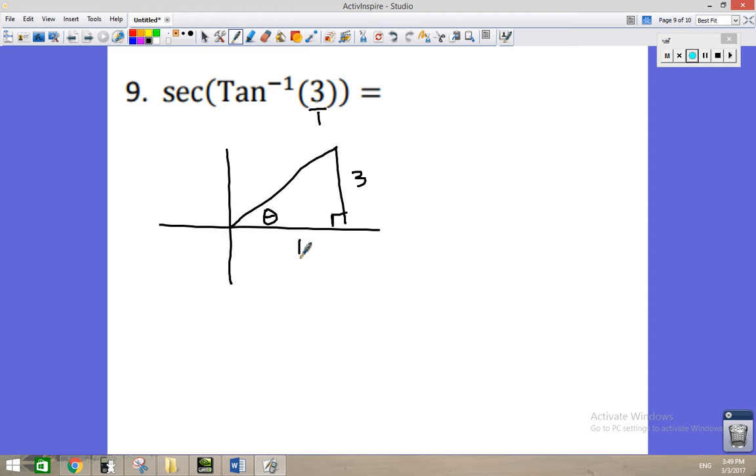And by the Pythagorean theorem, the hypotenuse is the square root of a squared plus b squared, 3 squared plus 1 squared. 3 squared is 9, 1 squared is 1, 9 plus 1 is 10. This is our angle, so we can replace that. Secant is the reciprocal of cosine. Since cosine is 1 over radical 10, the secant is radical 10 over 1. And there's our final answer.